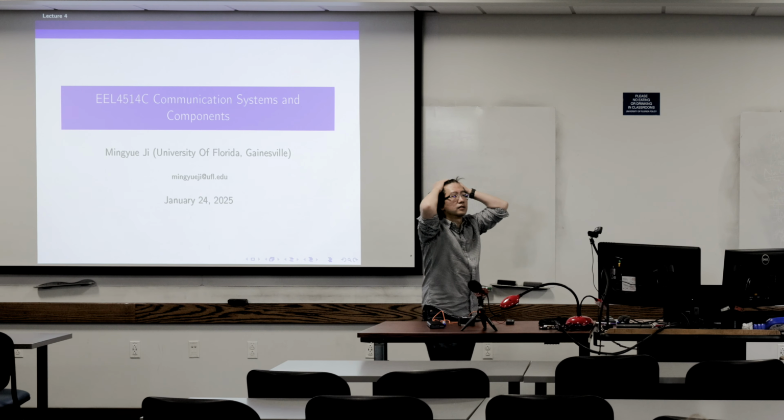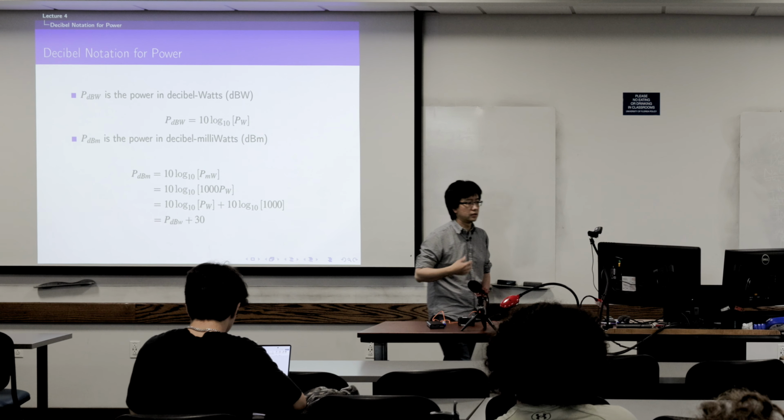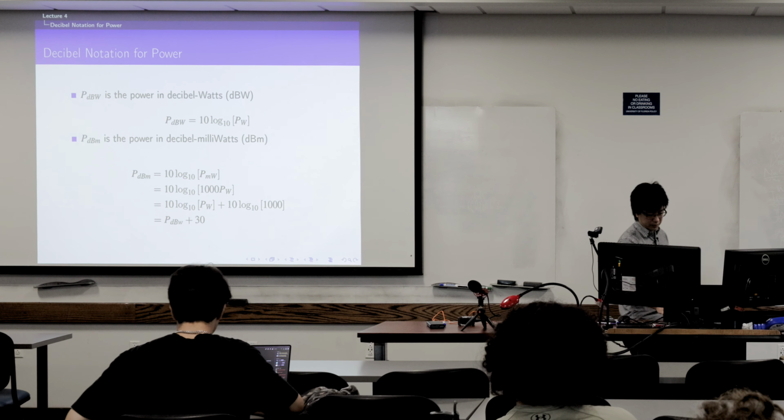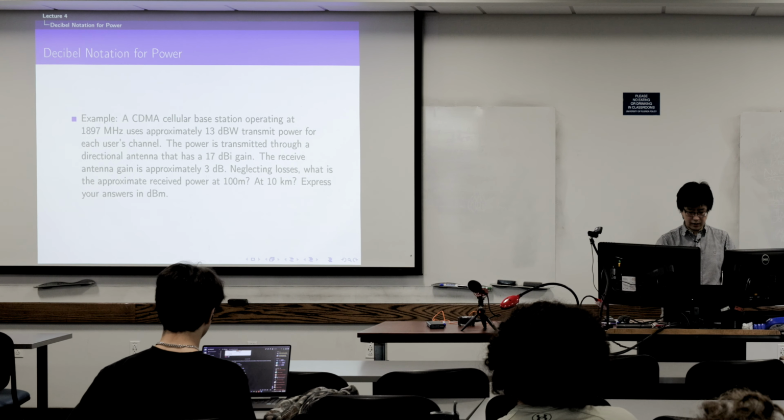In practice, we can use the dB notation, computed as 10 times log base 10. When we transfer everything to milliwatts, we have dBm notation, which is equal to dB watts plus 30. That's a very important relationship, so just remember that. Then we have an example, and you can see the solution in class.